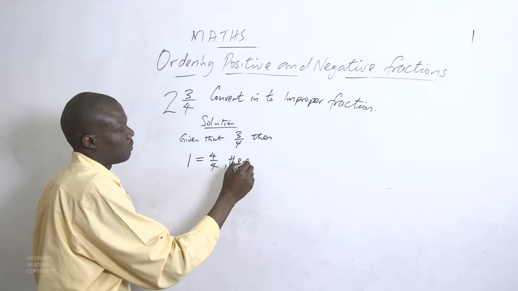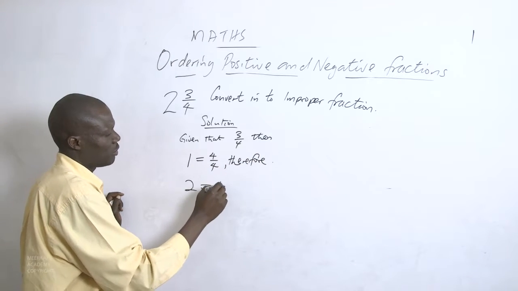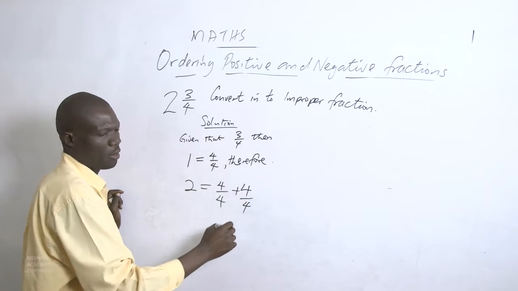Therefore, 2 is the same as 4 over 4 plus 4 over 4.